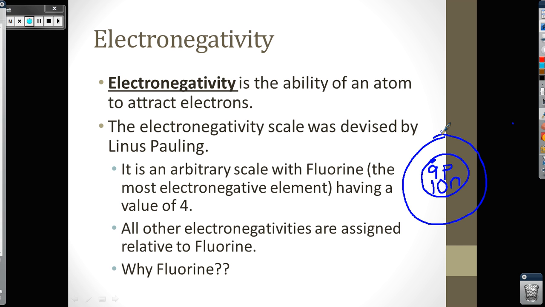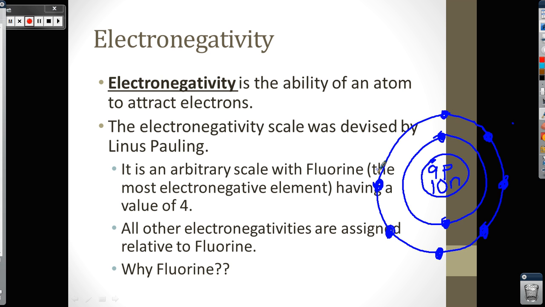Our first shell can hold 2 electrons, so we've got 1, 2 electrons. And our second shell can hold up to 8 electrons. So we have a total of 9 to put in. We put 2 in the first shell, and so here's number 3, 4, 5, 6, 7, 8, 9.